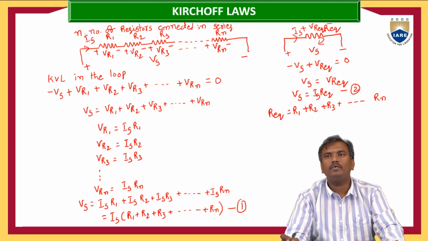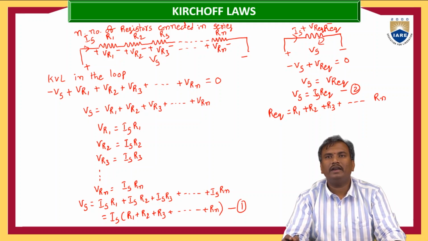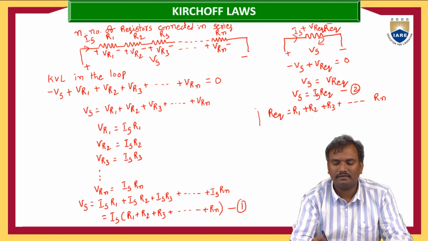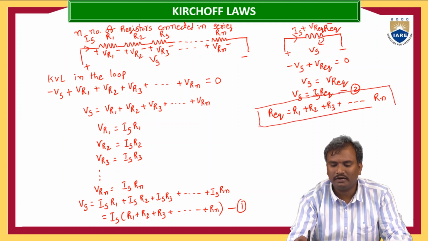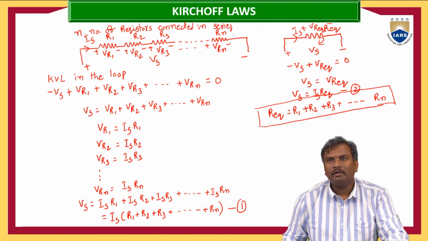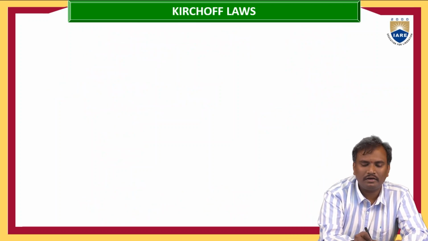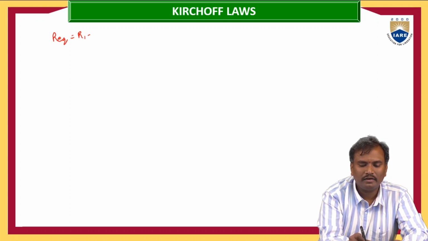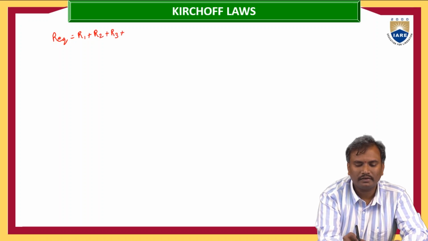This is the equivalent resistance when n number of resistors are connected in series. So now we got R equivalent as R1 plus R2 plus R3, and so on, Rn.